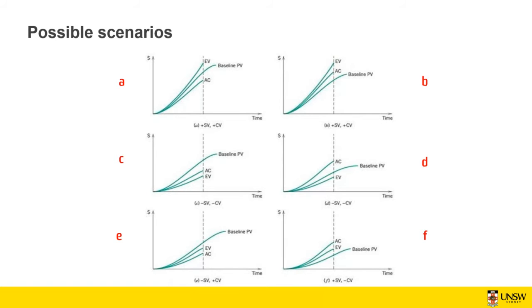And it means that you're significantly over the budget. But in scenario C, although your cost variance is negative, you can see that the actual cost and earned value are close to each other. So it means that it's not a significantly negative cost variance, although you are behind the schedule.